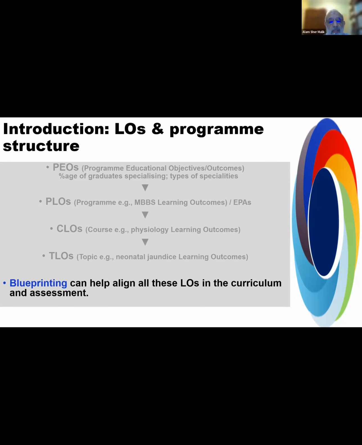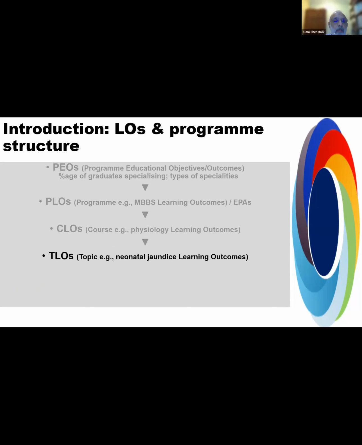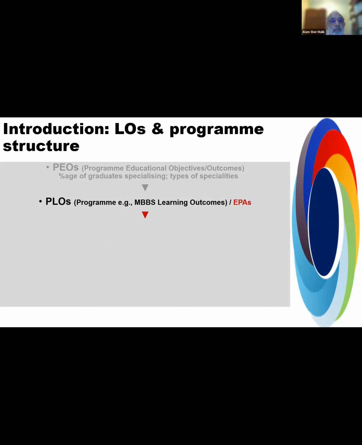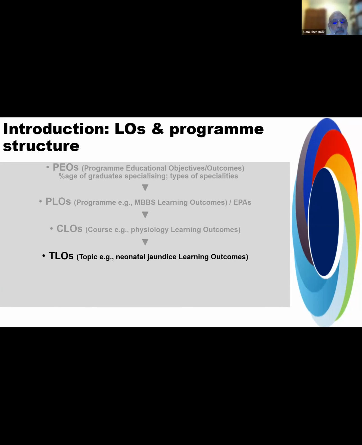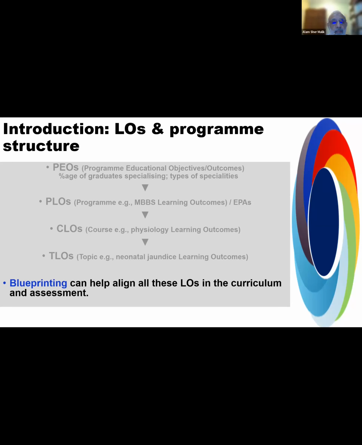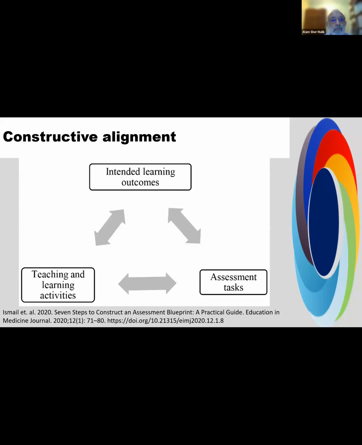And blueprinting can help align these learning outcomes because if we are not careful, our course learning outcomes and topic learning outcomes may not be in line with the program learning outcomes. And that's where the blueprinting can play a major role.